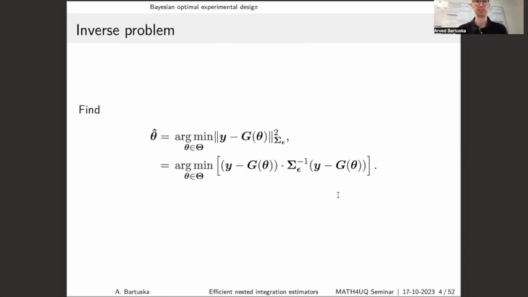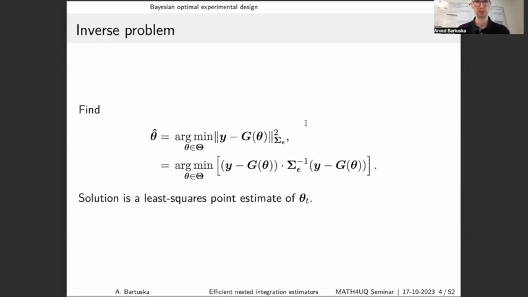Okay, so the next thing is we can solve an inverse problem. The forward problem is that we have a parameter of interest, and then we can solve the PDE and we get the measurements. The inverse problem is that if we have measurements, we want to recover which parameter generated these measurements. We can do this using least squares, given in this form, where we want to find a theta that matches the observation.